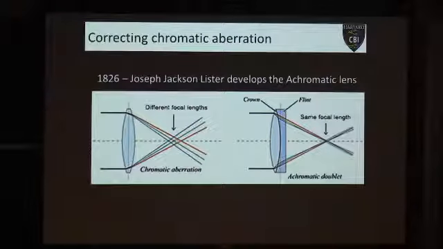He realized that you could take 2 types of glass with slightly different refractive indices and correct for these. You made a convex lens with your crown glass and then a concave lens with your flint glass. Due to the different refraction in these 2 substances, you're able to get these to land at the same point. But as I showed you before, it's still not quite perfect.